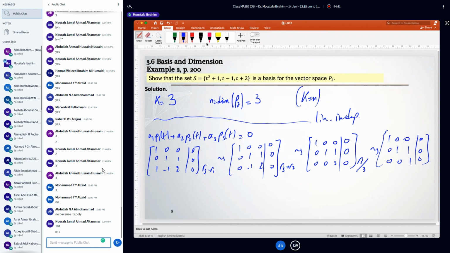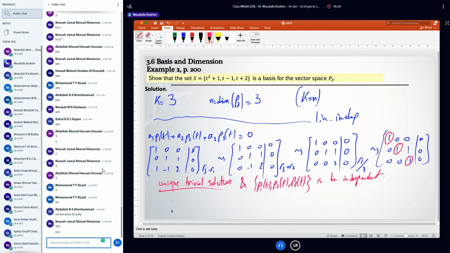So we have a leading 1 per column. Each column has a leading 1. So the unique solution is trivial, and P1 of t, P2 of t, P3 of t is linearly independent. And what's the conclusion?